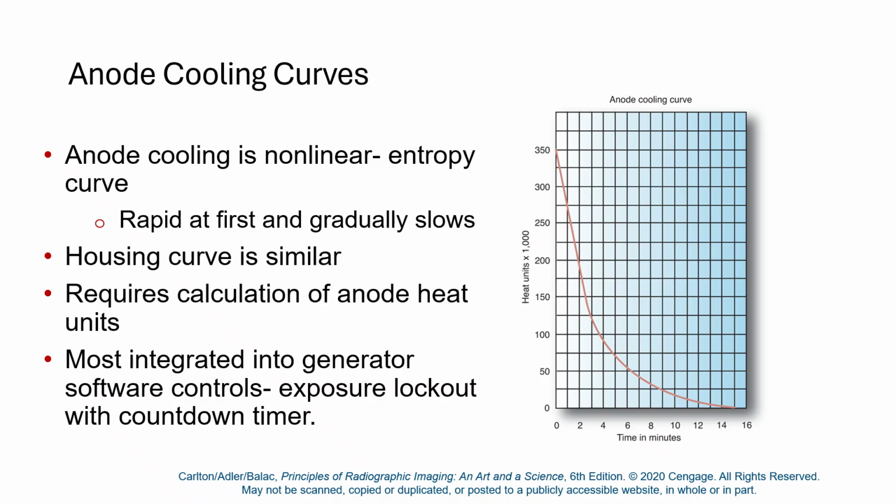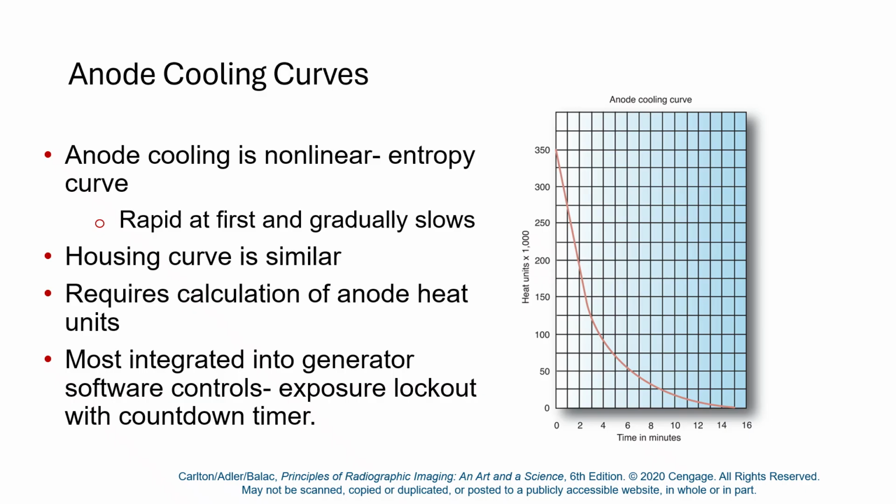So it's rapid at first and it gradually slows. When there's a great difference between the heat possessed by a hot object and its surrounding environment, it's going to shed that heat more rapidly. But as it gets closer and closer to the room temperature, the ambient temperature of the environment, then the rate of heat loss slows down significantly.